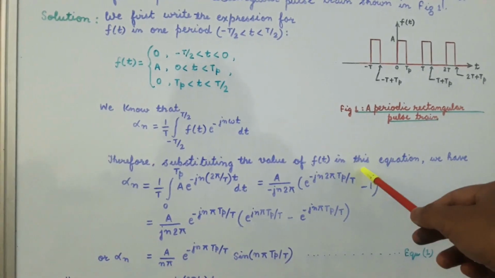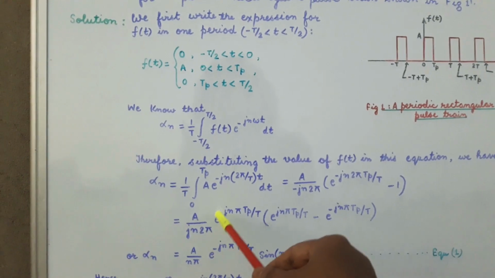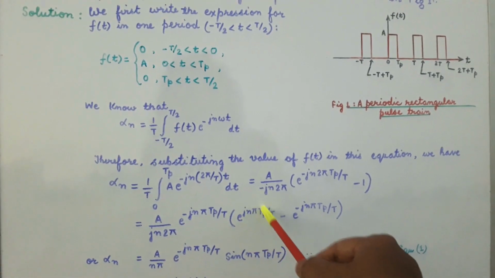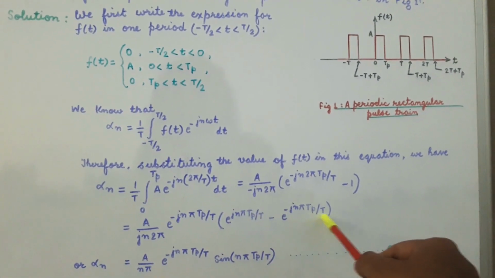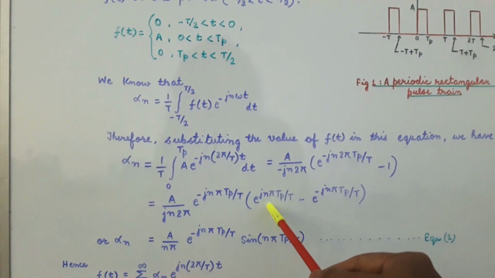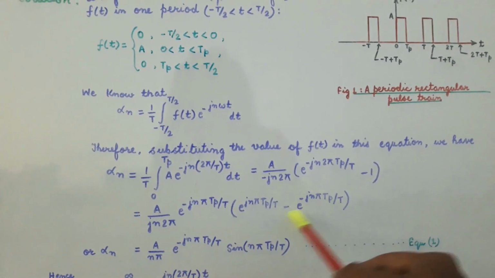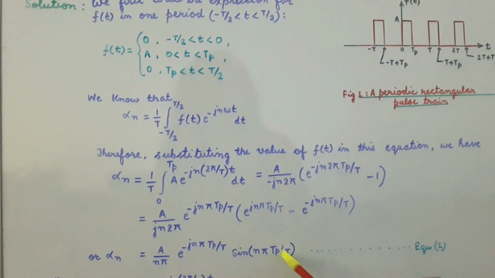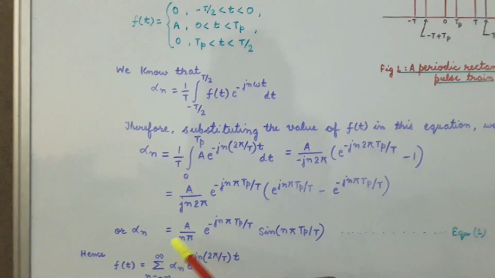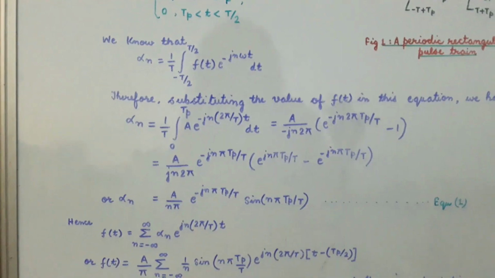On solving, we get alpha n equal to A by j n 2 pi e to the power minus j n pi T_p by T, then e to the power j n pi T_p by T minus e to the power minus j n pi T_p by T. Now, we know that e to the power j n pi T_p by T minus e to the power minus j n pi T_p by T divided by 2j is equal to sin n pi T_p by T. So, we substitute this and we get the expression for alpha n as shown here, and let this be equation number 1.